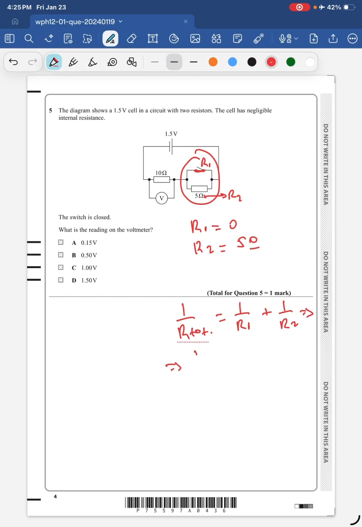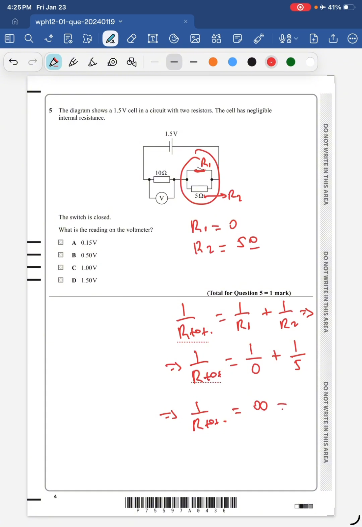I know it's crazy, but let me show you something. 1 over R total is 1 over 0 plus 1 over 5. So 1 over 0 is infinity. If someone is a mathematician here, they will faint if they see this. I'm sorry, but in physics you can say that 1 over 0 is infinity, positive infinity.